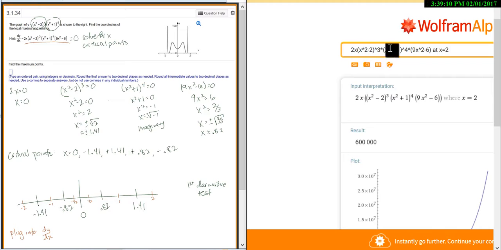So I've typed in the actual derivative, and then I just say at x equals 2. So that means plug in x equals 2. And at x equals 2, I get 600,000. So that would be a positive, and so my function is increasing. Oops, that was positive 2. Guess I should put it in the right spot. So over here at 2, it's increasing.